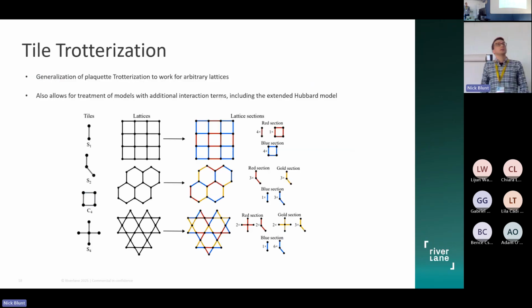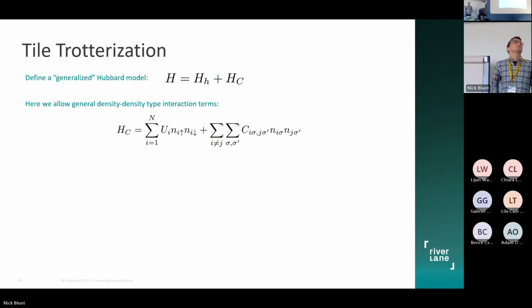This brings us on to tile trotterization, which is the approach that we describe in our paper. This is essentially a generalization of plaquette trotterization, but to work for arbitrary lattices, and also to allow treatment of additional interaction terms, including things like the extended Hubbard model and the PPP model. To explain how this works, we're now considering generalized Hubbard models. The hopping term is exactly the same as before.